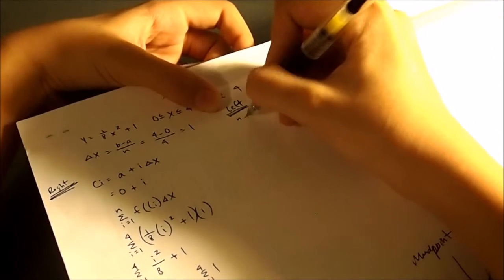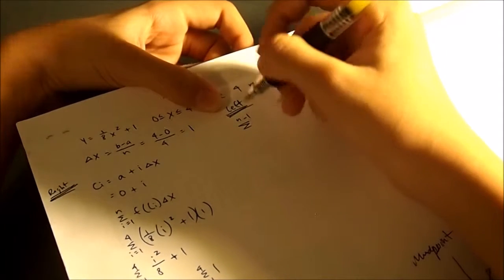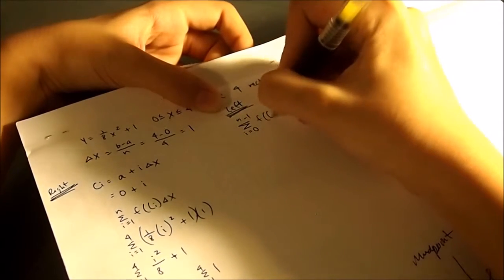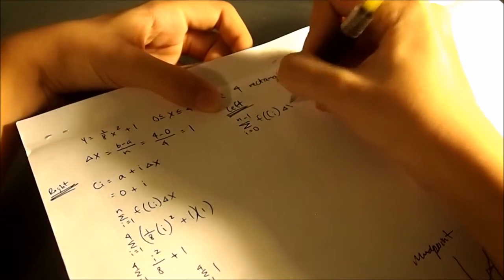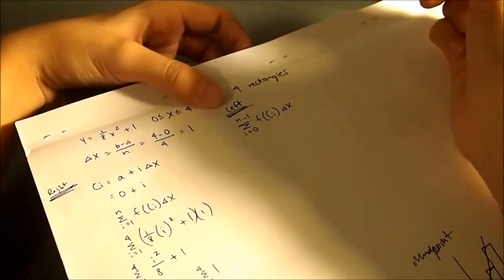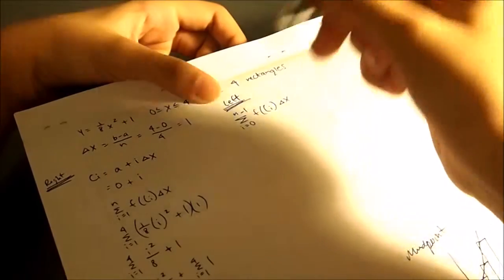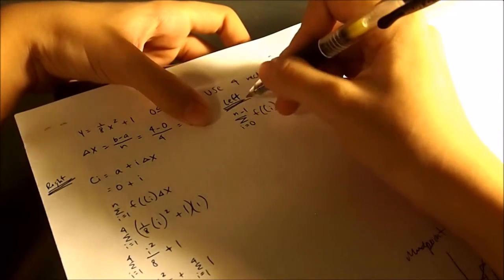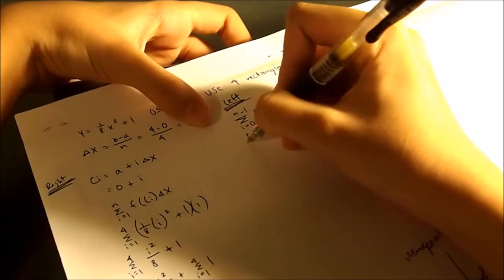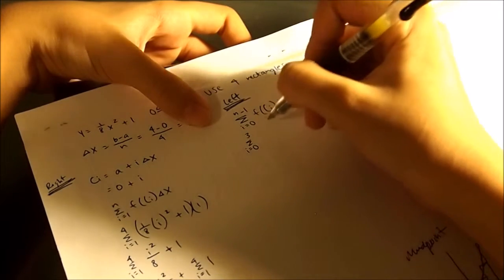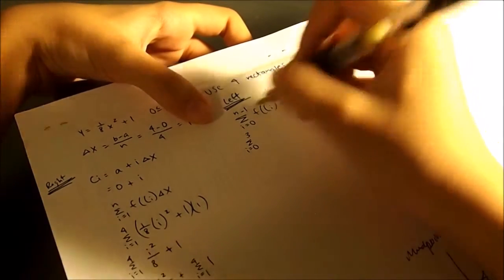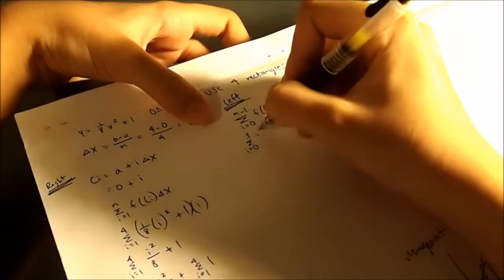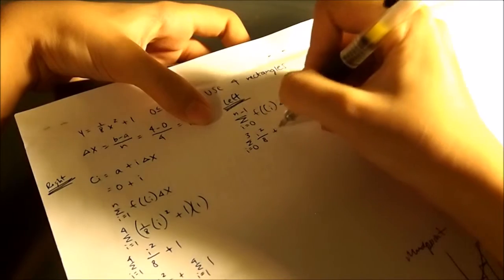This time it's going to be n minus 1 as the upper value, and then f of c sub i delta x, and it's going to start at i equals 0. So n minus 1, n is 4, so 3, i equals 0, f of c sub i. We did it right here, so we can just rewrite this: i squared over 8 plus 1.